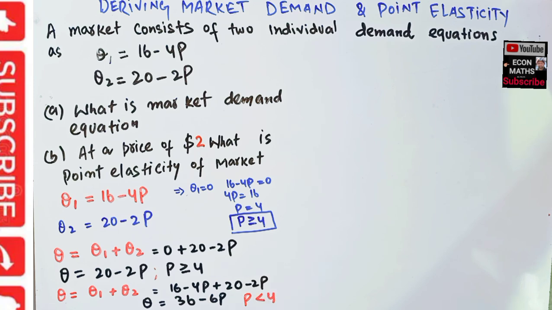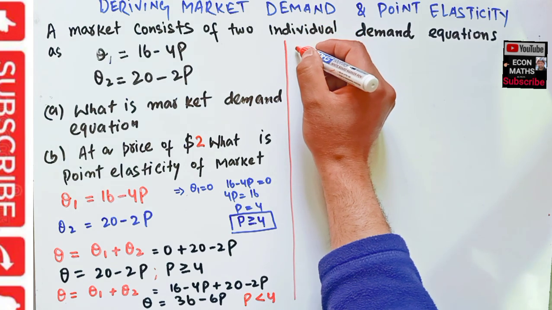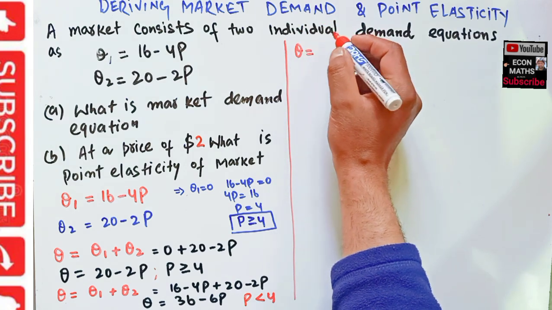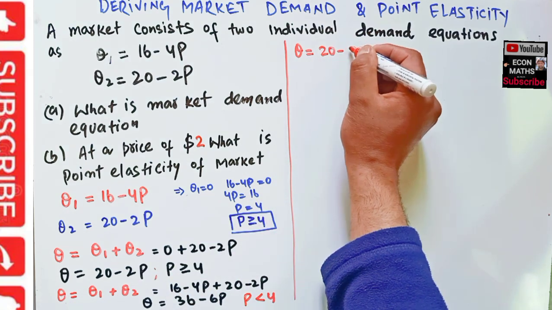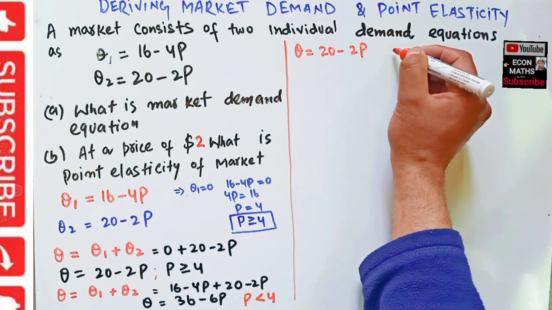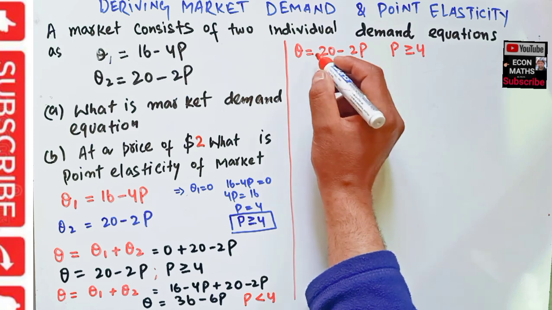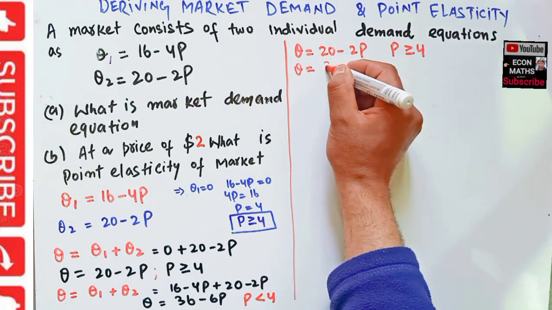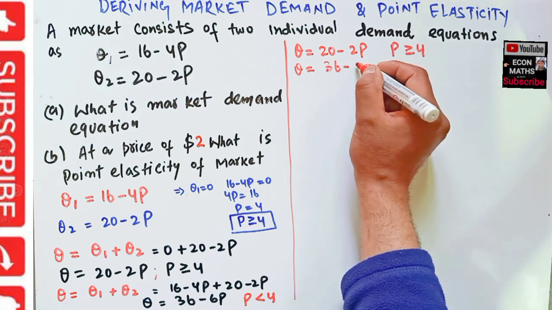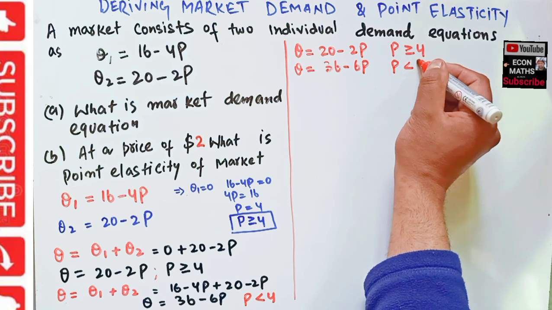Let me repeat it here. Market demand will be equal to 20 minus 2P when price is greater than or equal to 4, and Q will be equal to 36 minus 6P when price is less than 4.